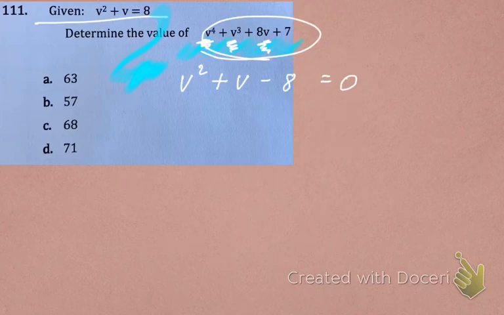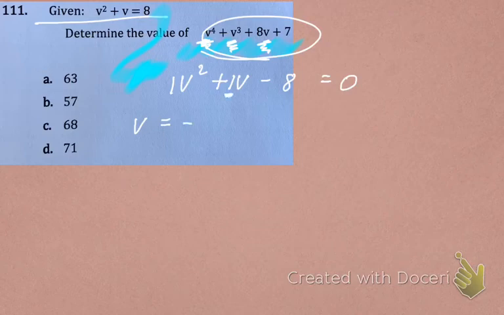Now if you look at the equation that we've written down here, 1v squared plus 1v minus 8 is 0. This equation does not yield rational roots, because we cannot factorize it, but what we can do is use the quadratic formula, and we can say v is equal to minus b.